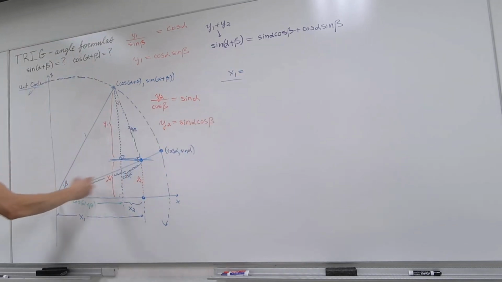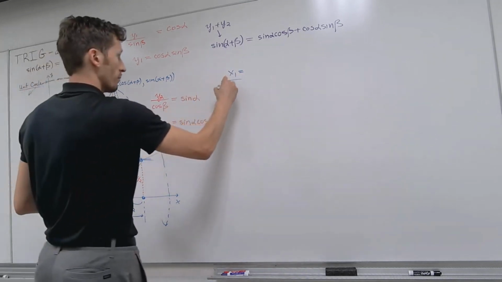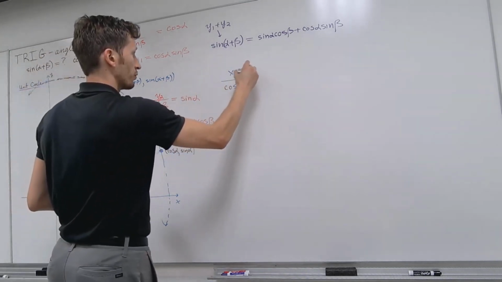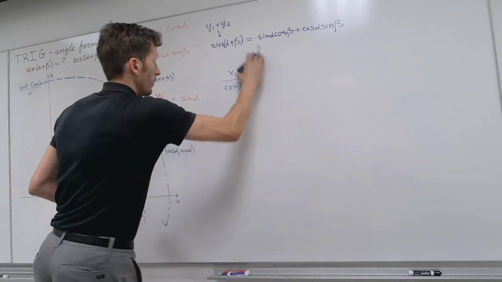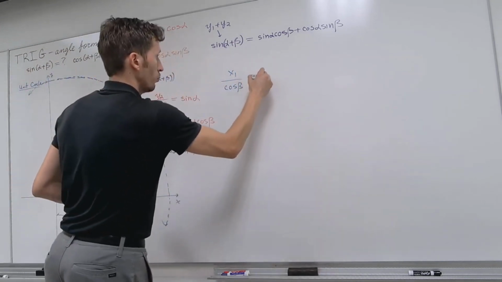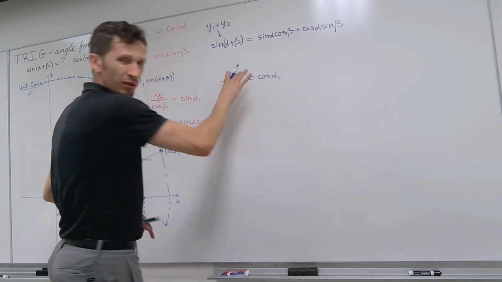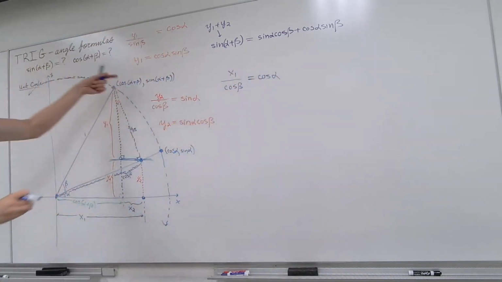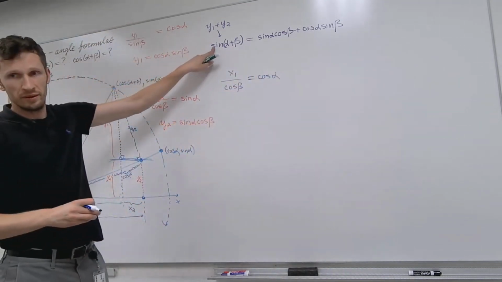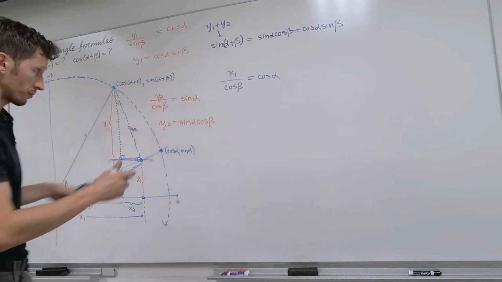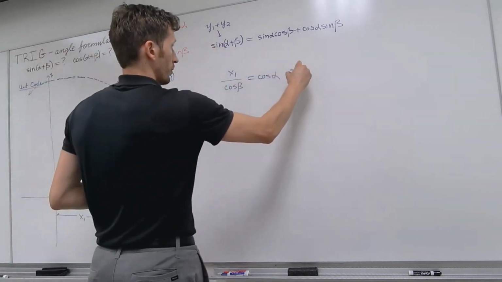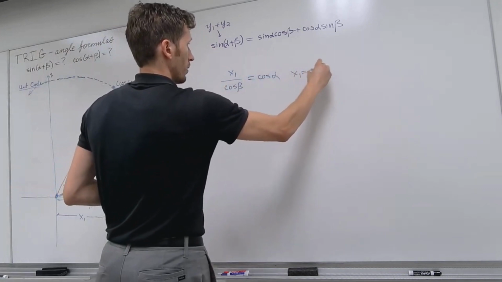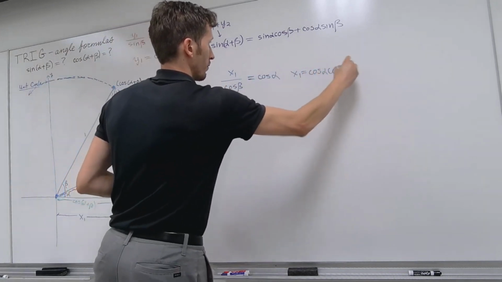That's cosine beta. Over cosine beta is exactly equal to cosine alpha. Cool, right? I think this is a little easier. The horizontal one's a little bit easier than even the vertical that we did. That was a little tougher, I think. So anyway, we have x1 is equal to cosine alpha cosine beta.